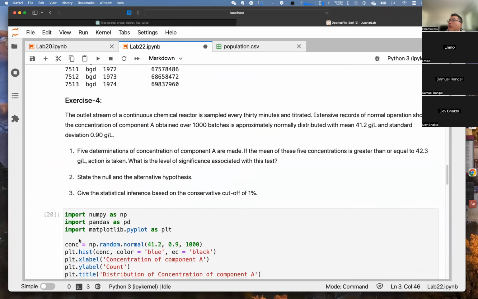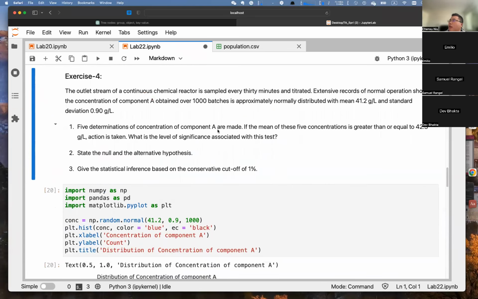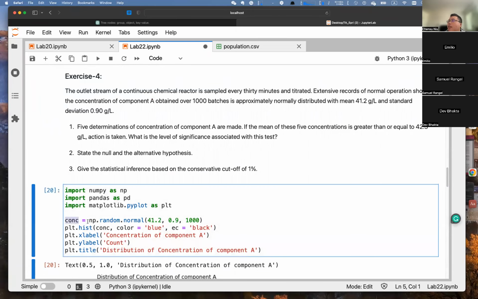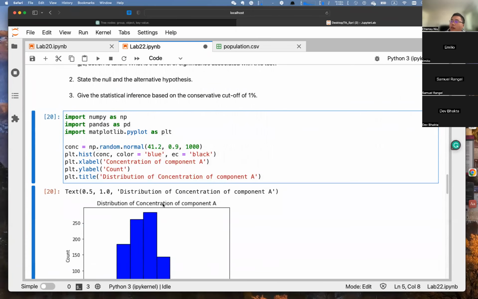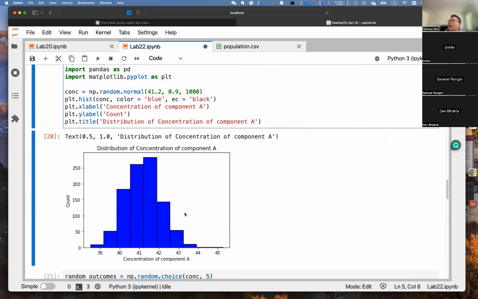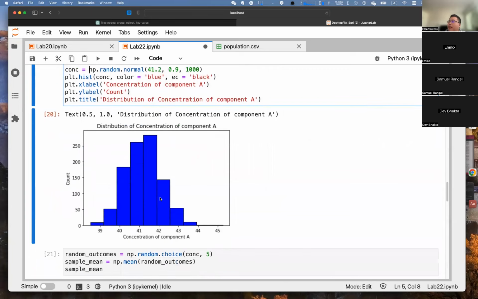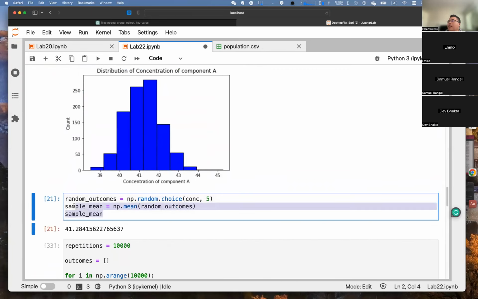Let me repeat the process again. First of all, you need to generate a normal distribution. For instance, here is conc. And then you can draw a histogram figure to check the distribution of this list. Next one is how to do the experiment.